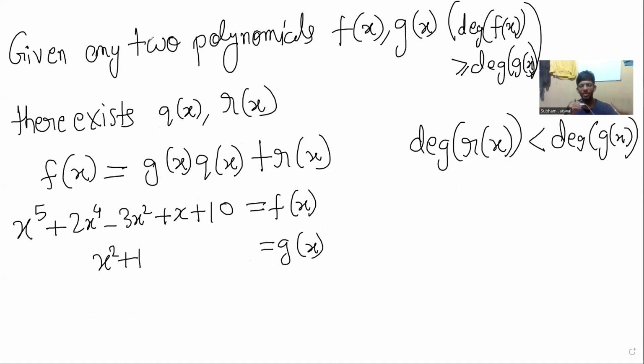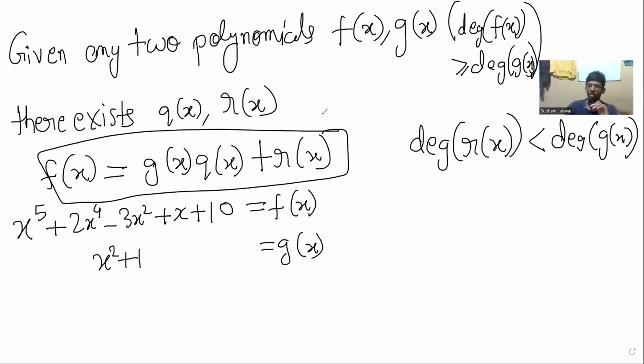Let me say one sentence before I start: the goal is that from f(x), we are trying to take away chunks of g(x), as many as we can, and then finally end up with a residue, a remainder.